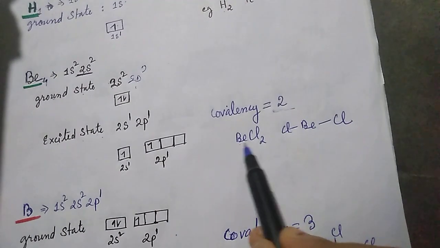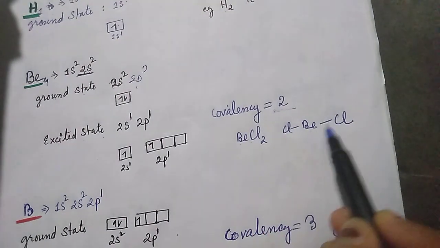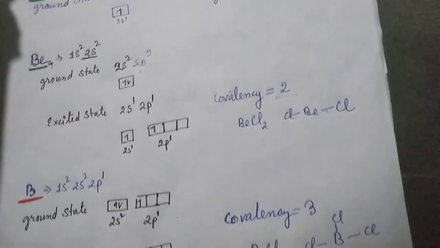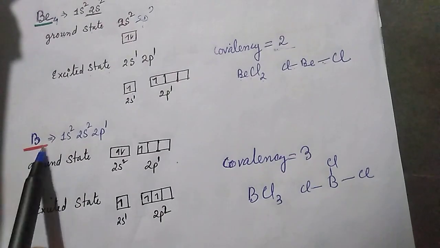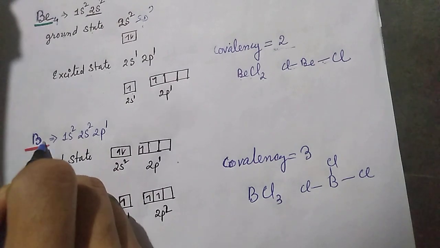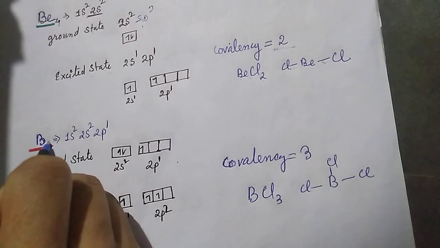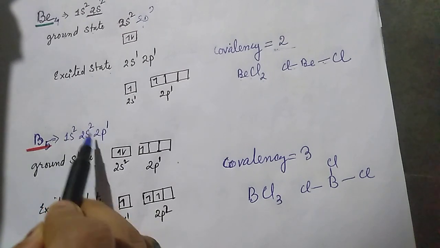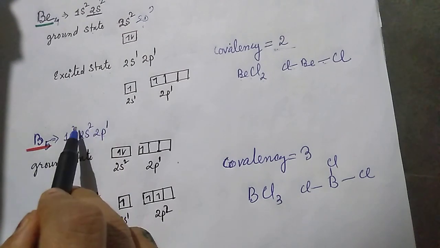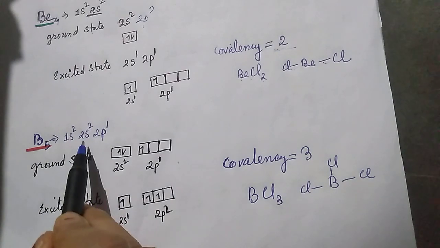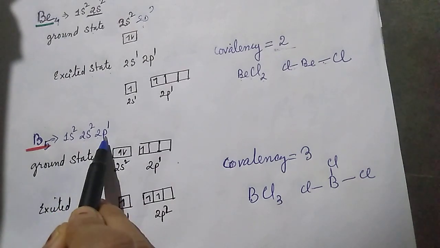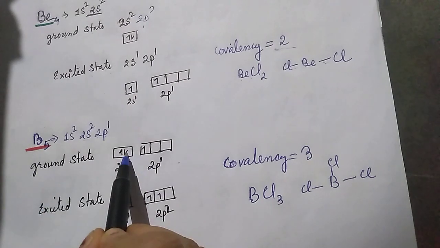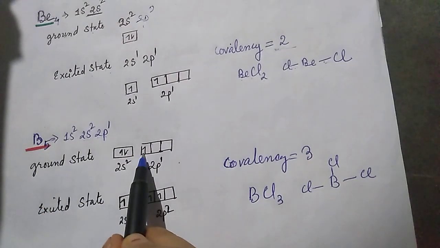Example BCl2. How many bonds are there? 2 bonds. So covalency is 2. Now let's take the case of boron, having atomic number 5. The electronic configuration is 1s2, 2s2, 2p1, total 5 electrons. In the ground state, let me take the outer one to explain: 2s2, 2 electrons, and 2p1, 1 electron.